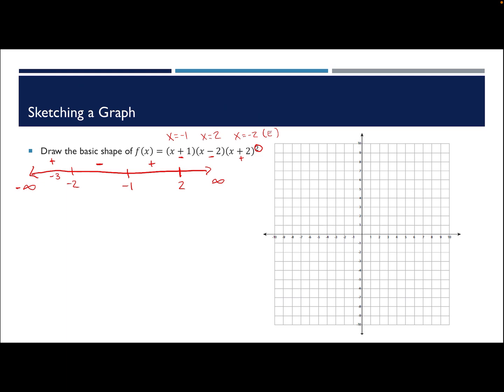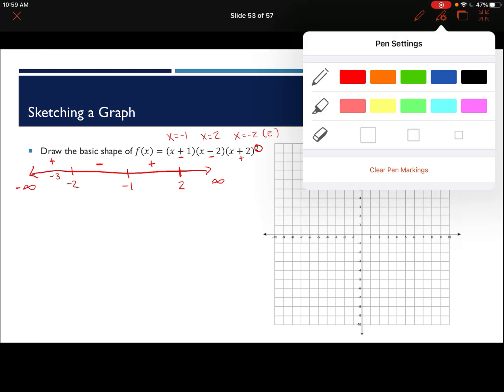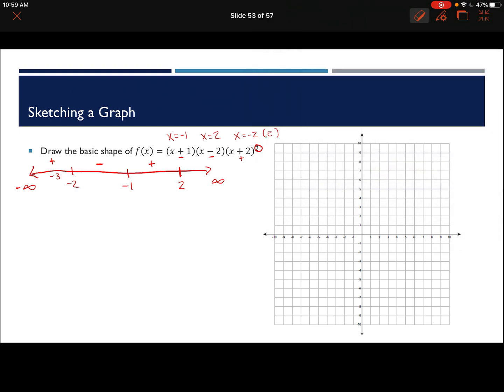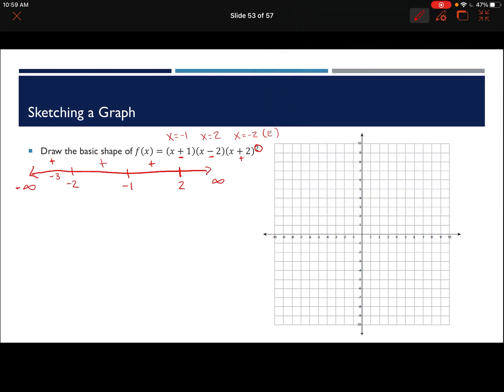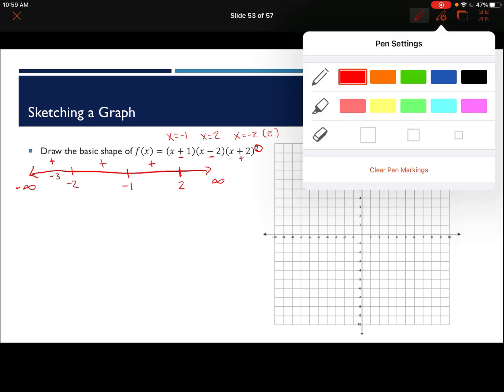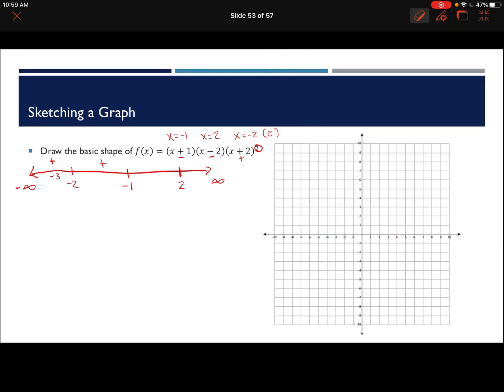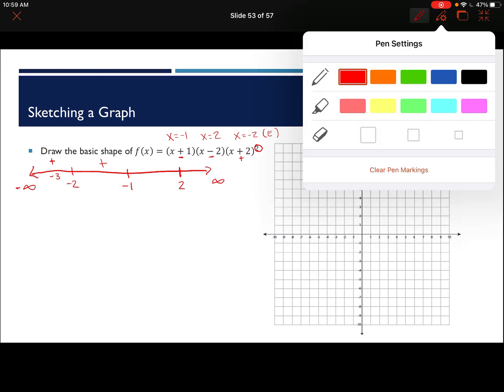And then because 2 is... Oh, I did this backwards. Excuse me. I did that exactly backwards. -2 has the root of even multiplicity, so that should still be positive. My bad. So then that's going to change our signs around a bit, but the principle is going to be the same.